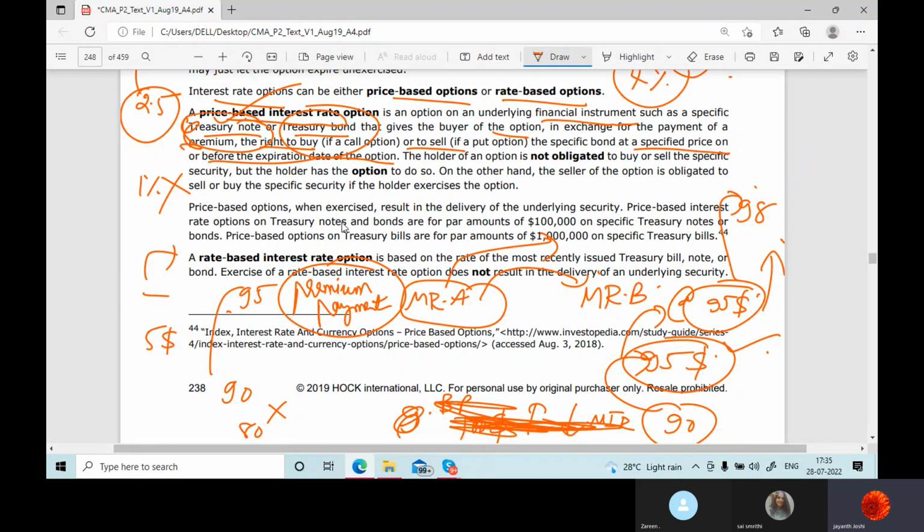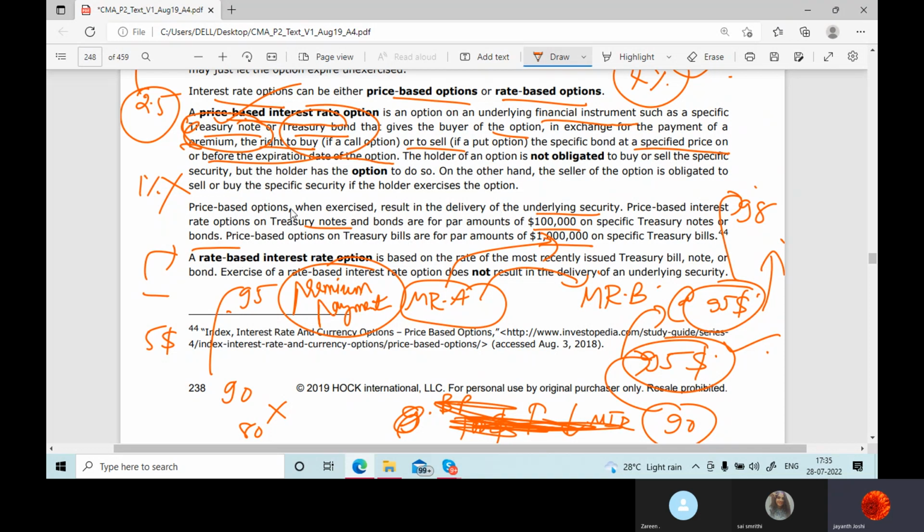So price-based options when exercised result in delivery of the underlying security. Price-based interest rate options on treasury notes and bonds are for par amounts of 1 lakh on specific treasury notes or bonds. Price-based options on treasury bills are for par amounts of 1 lakh on specific treasury bills.